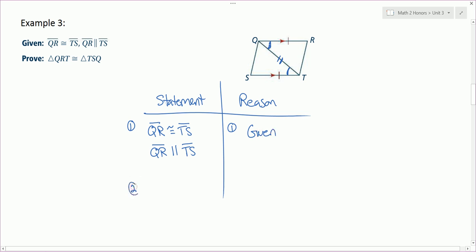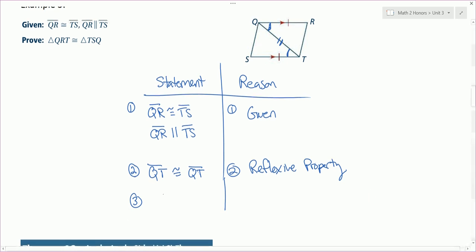Then there are a couple things we added to our list, and order does not matter, but let's say, okay, QT is congruent to itself. We need that. And the reason is the reflexive property. And then another thing we need is those two angles, the alternate interior angles.